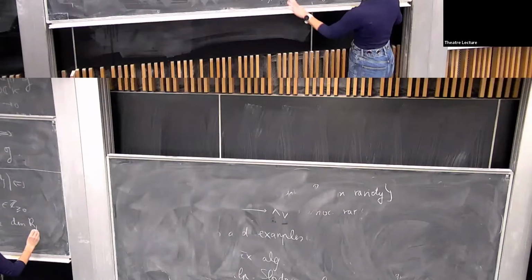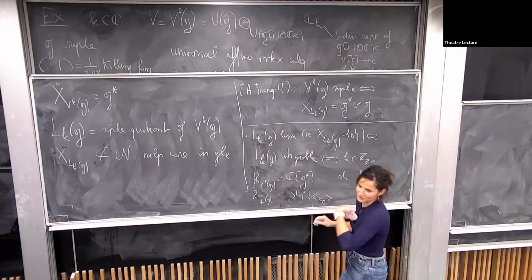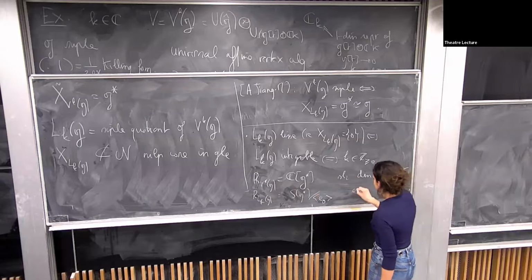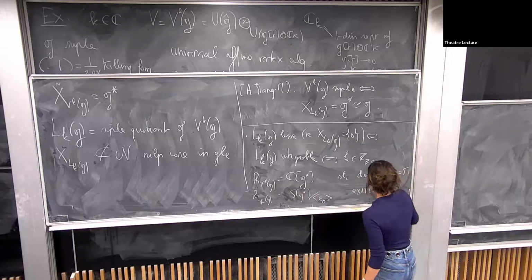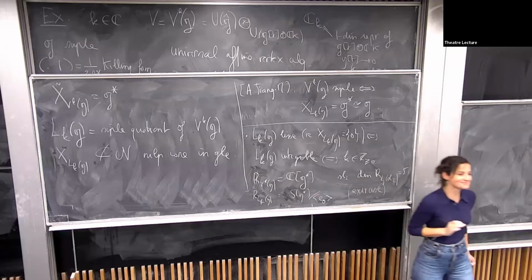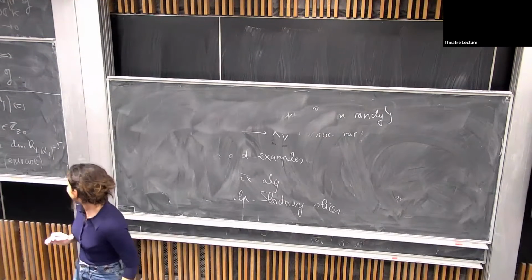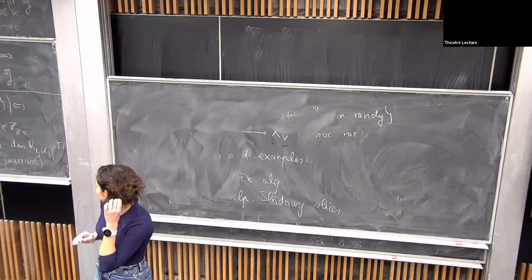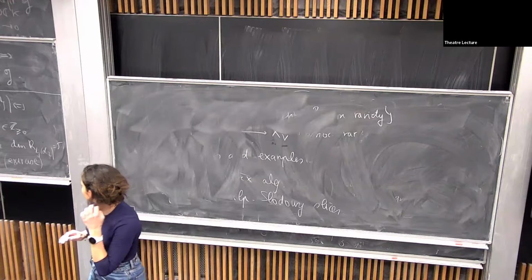For SL2 and K equal to 1, for instance. Of course, for bigger K it's bigger. It's an exercise. The answer is the symmetric algebra modulo the ideal generated by E theta.